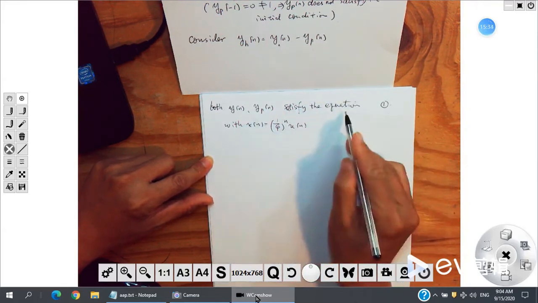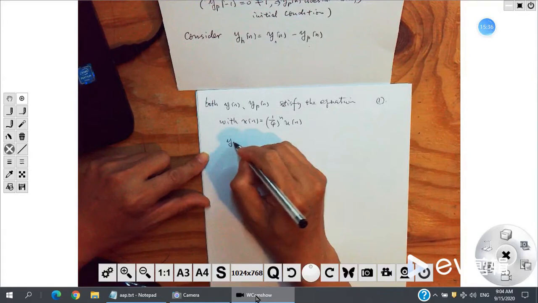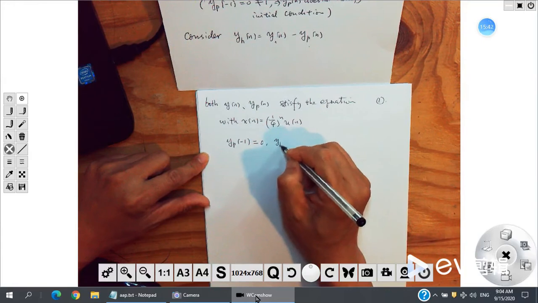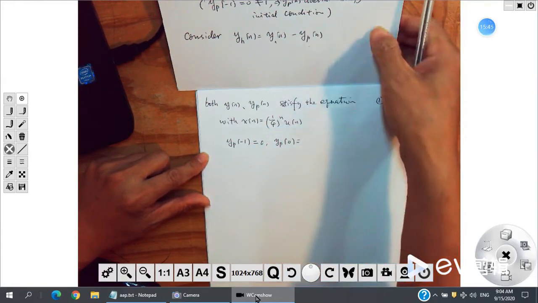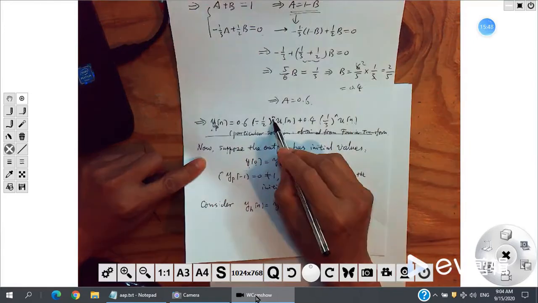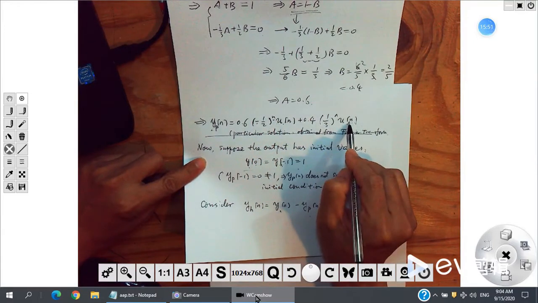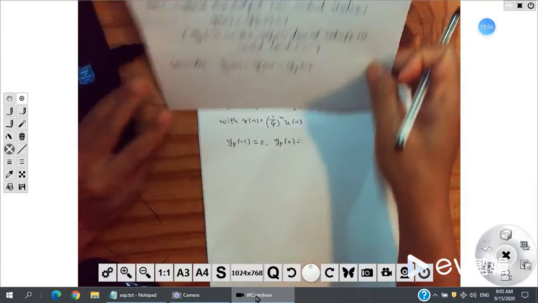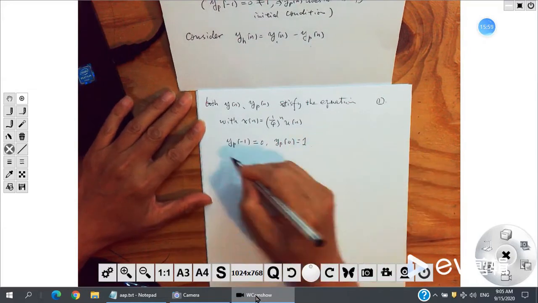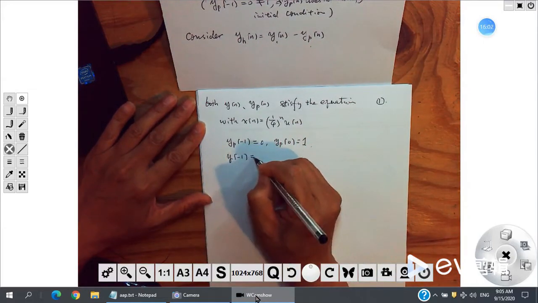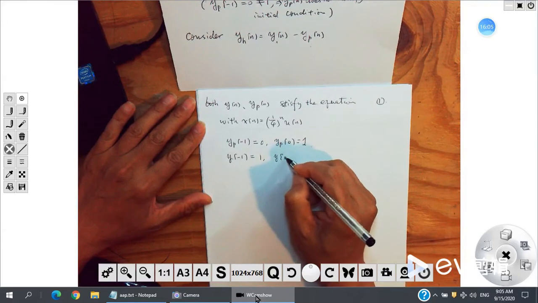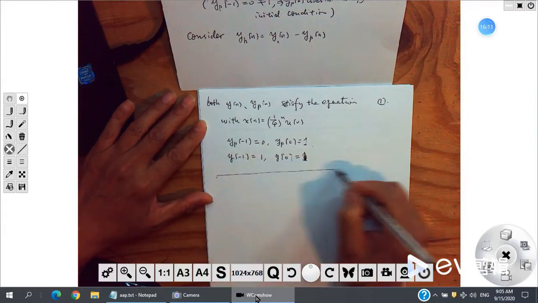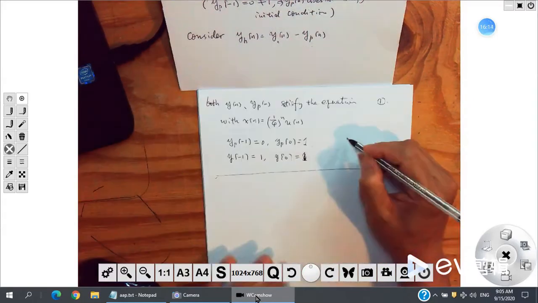So both satisfy it. And we know yp of -1 equal to 0, and yp of 0, you just plug in the value. If n is 0, this is 1, this is 1, this is also 1, right? So it's 0.6 plus 0.4, it is 1. And y of -1 should be 1, and y of 0 is also 1. So we have this. Now y is unknown.